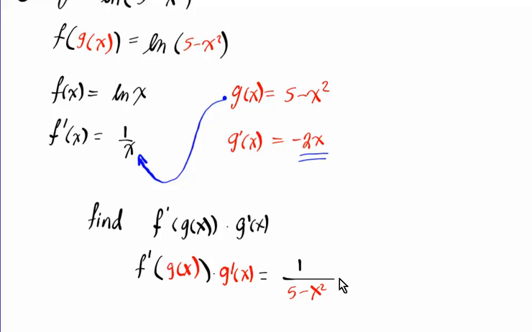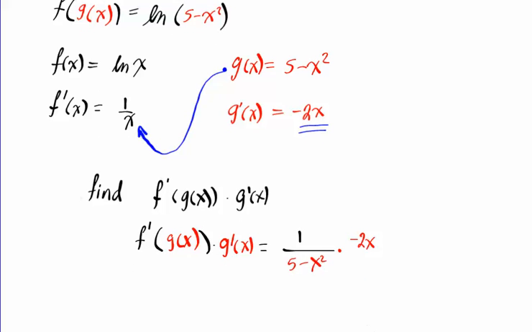And then that will be multiplied by the derivative of g, which is negative 2x. If you simplify this, your final answer, the derivative, is going to be negative 2x divided by 5 minus x squared. This is the derivative of your original function. Okay, this is the chain rule in action for you.